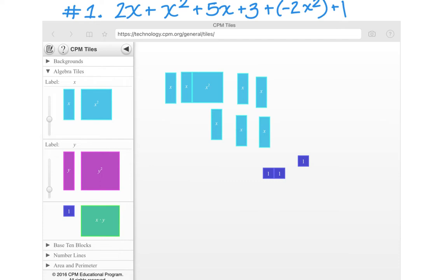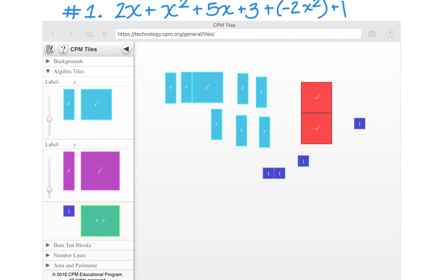So the way we do that with these tiles is we drag x squared over and then you tap it. And that makes a negative x squared. And there's two of them, negative 2x squared. And then at the end we've got a plus 1. All right, so I've got 2x plus x squared plus 5x plus 3 plus negative 2x squared and plus 1. We've got all our tiles.